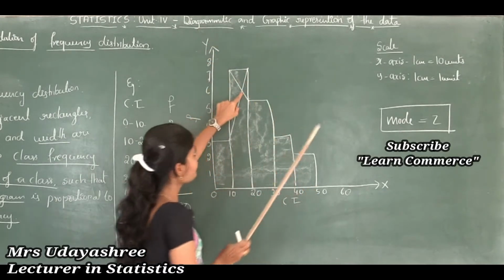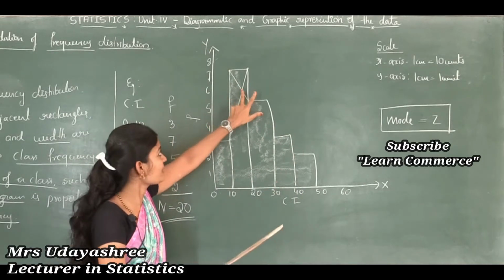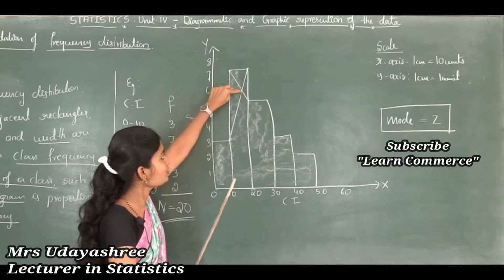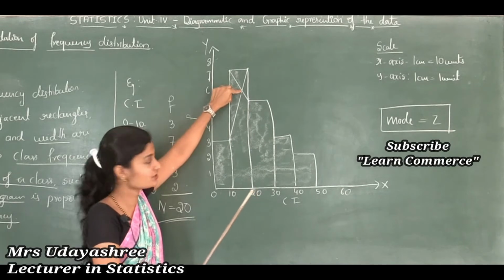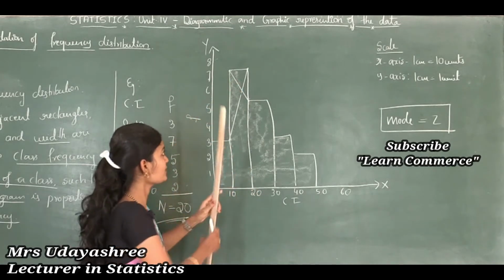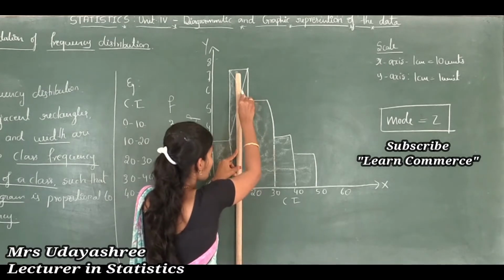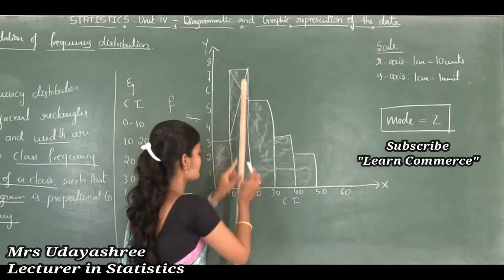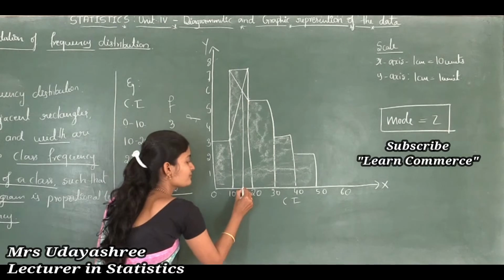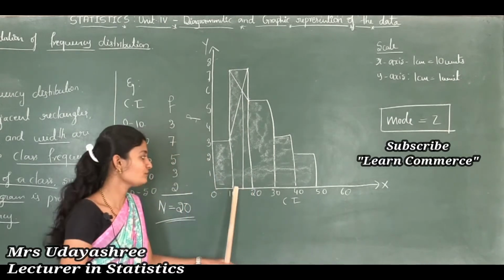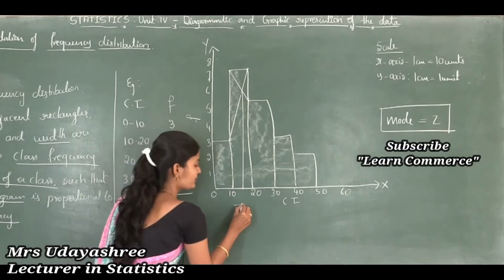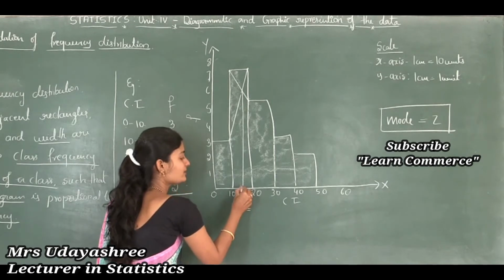After that, from this intersection, can you observe there is one intersection here? From this intersection, I will draw one line perpendicular to the x-axis like this. So this point will give the mode value. We know that mode is denoted by Z and this point will give the mode.